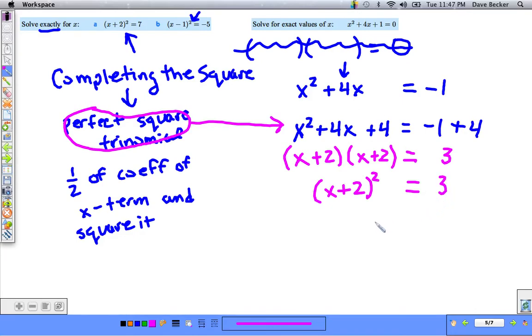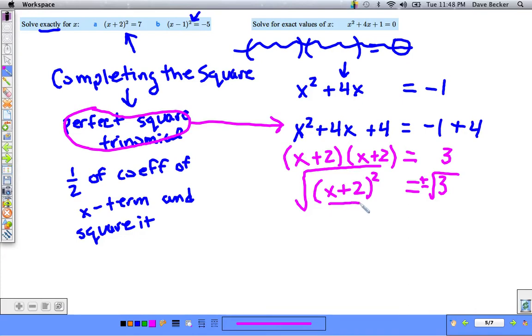And lo and behold, we are in the same form as we are here. I can take the square root of both sides. And don't forget to put your plus or minus there. The square root of anything squared is the anything.